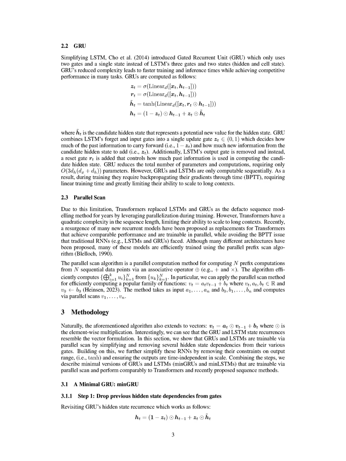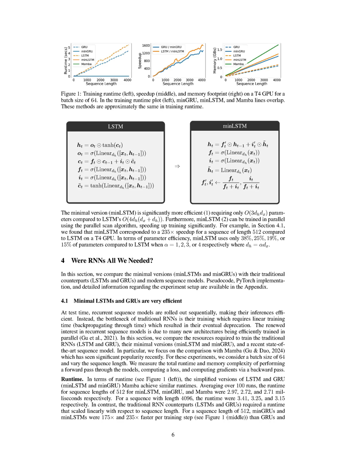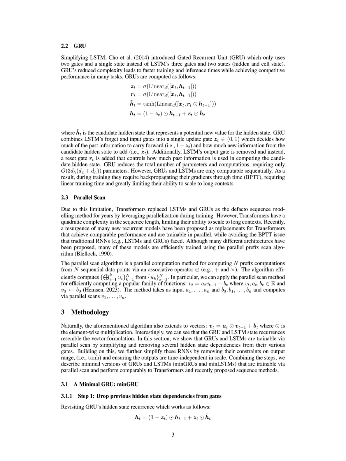In traditional GRUs and LSTMs, the gating mechanisms rely on previous hidden states, which prevents parallel computation. By eliminating these dependencies, minGRU and minLSTM allow their gates to be computed solely based on the current input, enabling the use of the parallel scan algorithm for efficient training. 2. Dropping range restrictions.